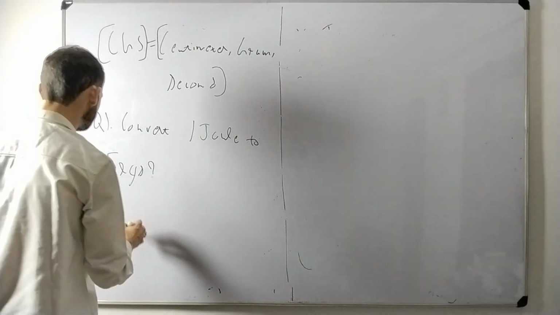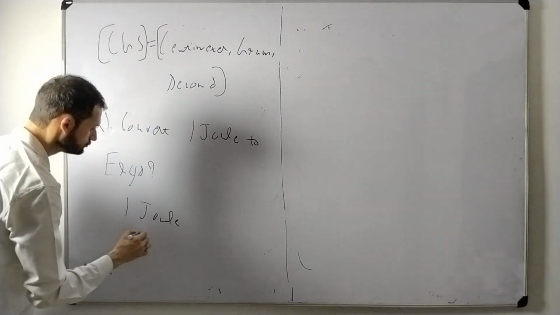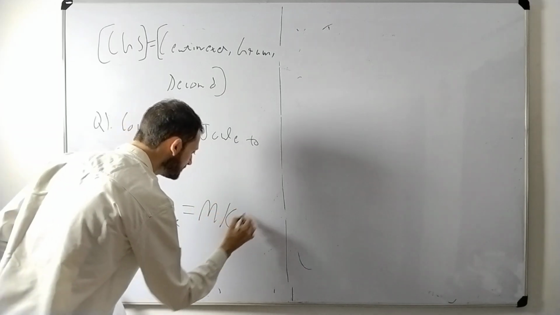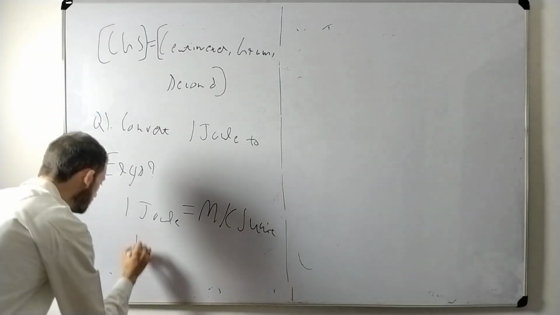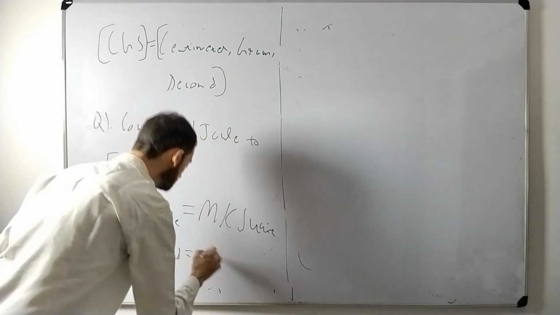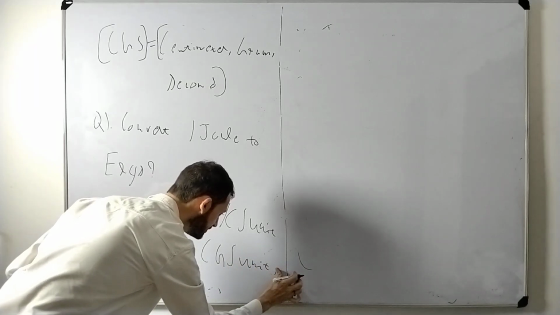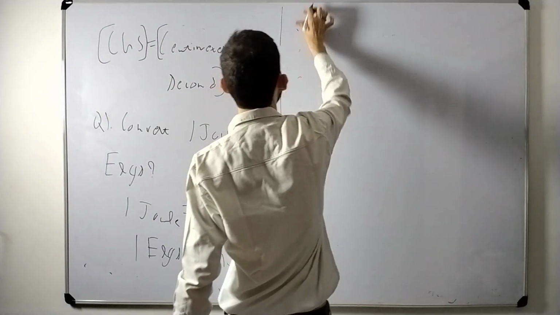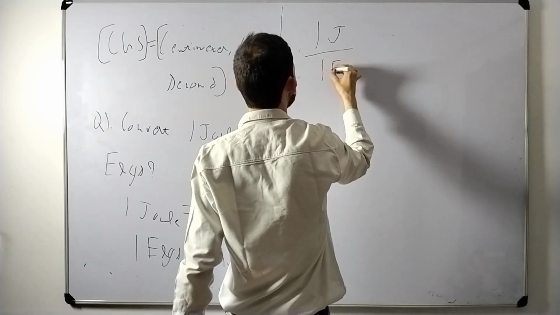Let's see, 1 joule is equal to how much? MKS unit, 1 joule. 1 erg is what? CGS unit. So let us convert 1 joule upon 1 erg.